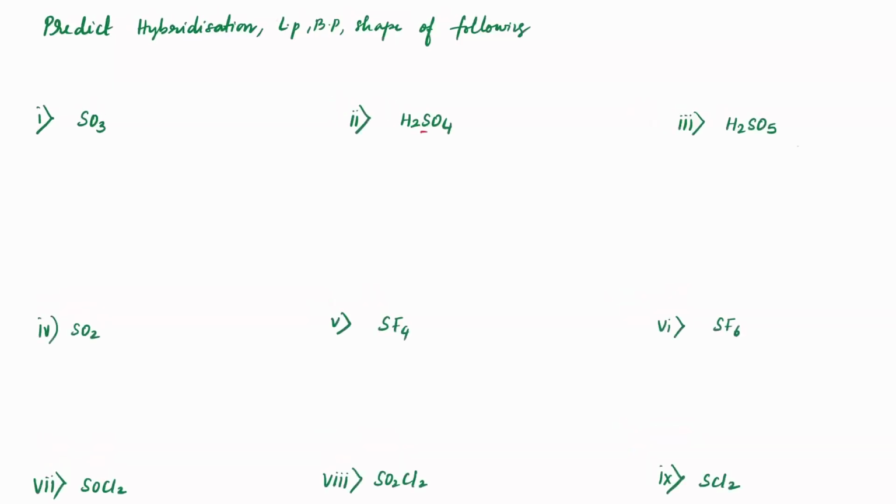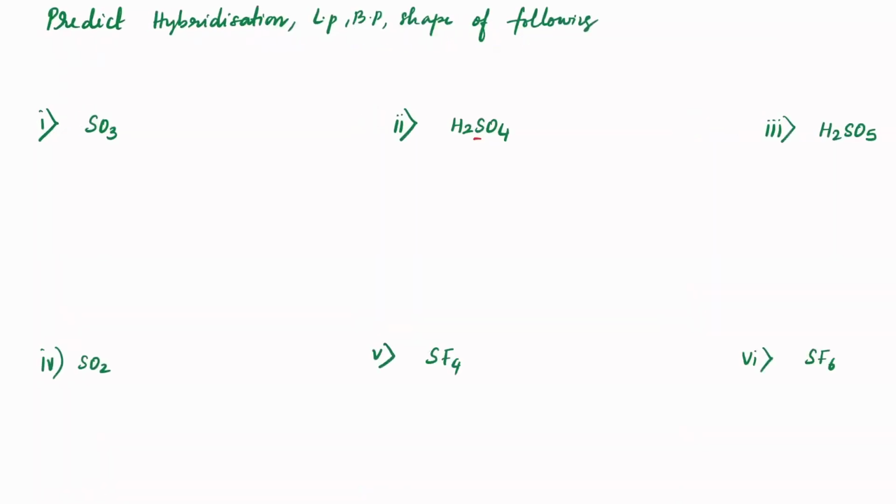These we can do quickly. Check out finding the lone pairs, bond pairs, and shape of the following. We'll do it quickly. Hybridization is 3, which makes it sp2. So bond pairs are 6, lone pairs on sulfur are 0. Total lone pairs, because they are only present on oxygen, will be 6.